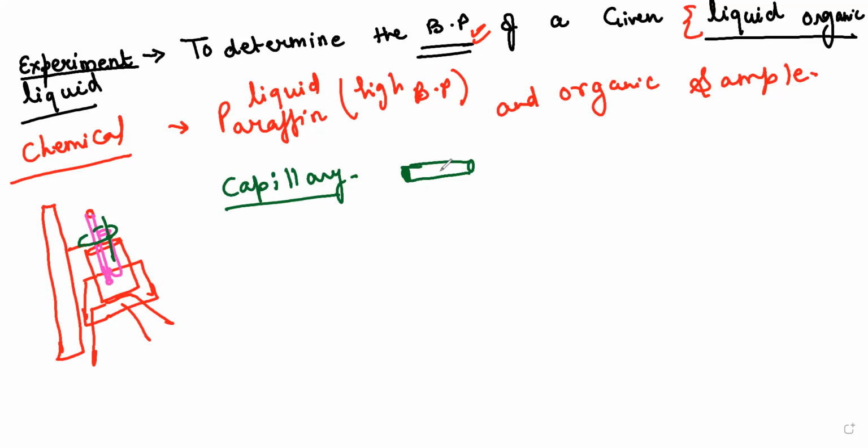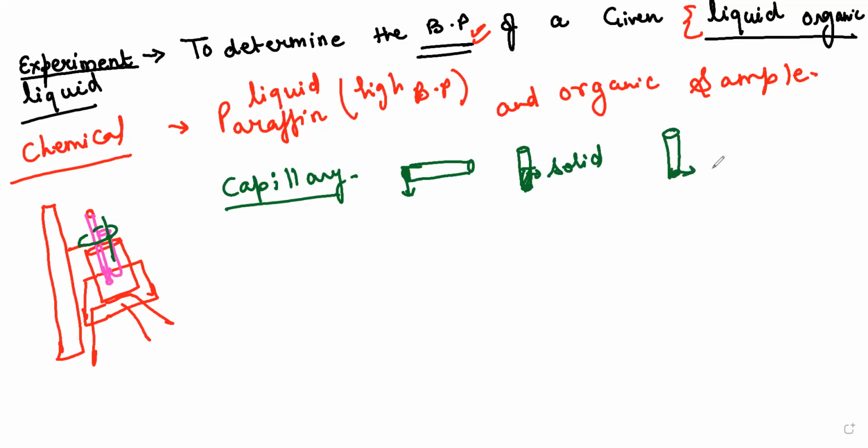Like last time, you were dipping this part on the lower side so that the solid product was in position and you could notice the changes in the melting point. This time also the lower part should be the part which is closed.